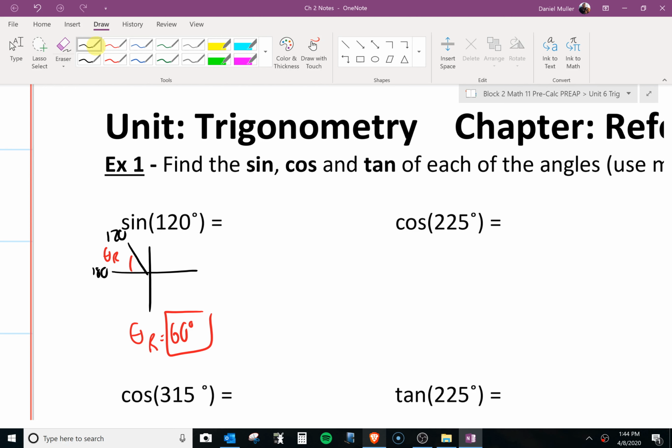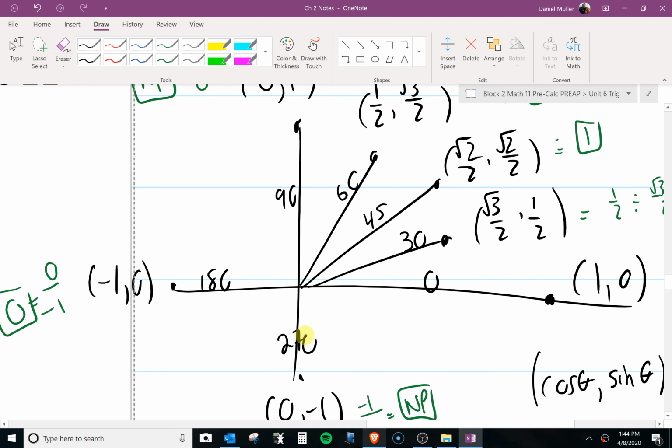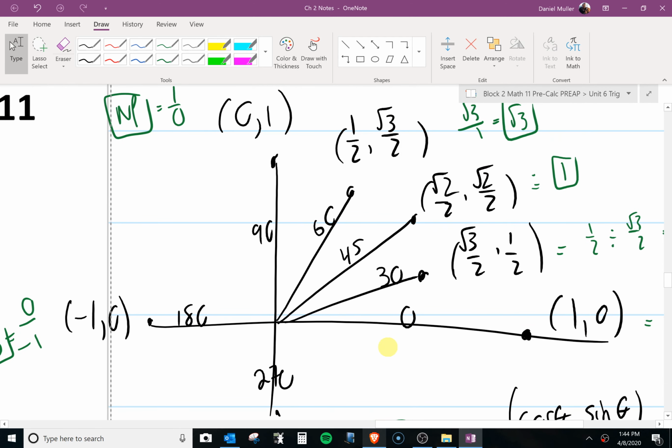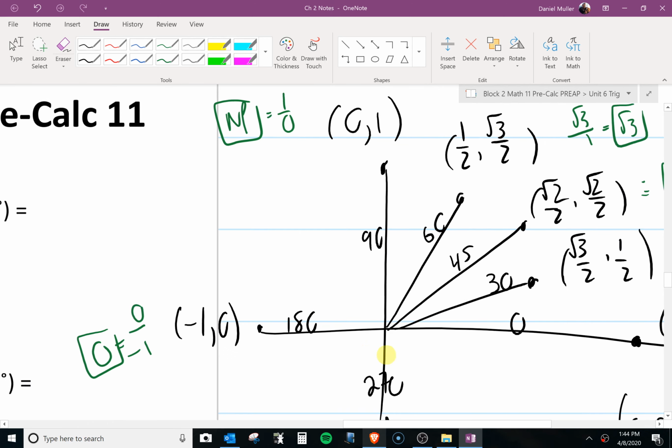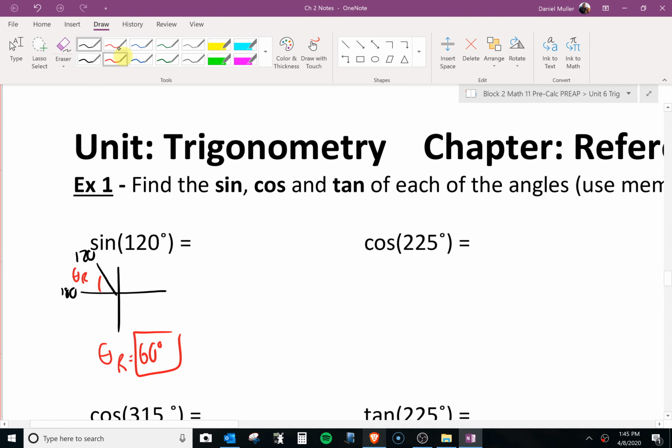So 120 is not on my chart, so instead I refer to this other angle, the reference angle. So sine of 60. Again, sine is on the right, 60 degrees. So here's 60, and root 3 over 2 is over here. So my answer is going to be root 3 over 2. I'm literally just going to copy it. It's root 3 over 2.